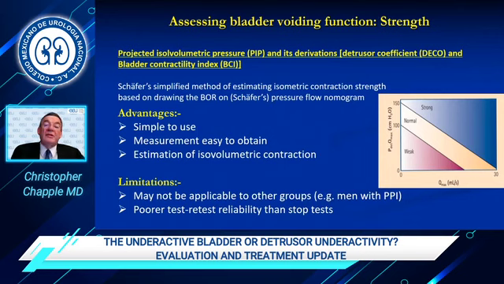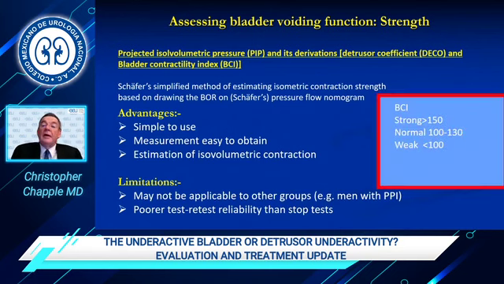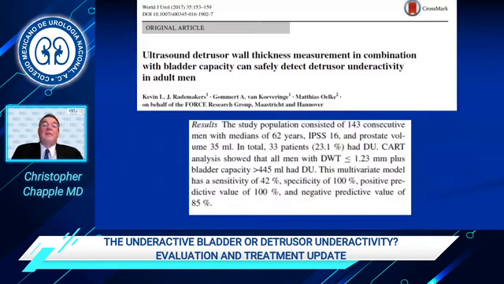It's a measurement which is easy to obtain during a stop test during urodynamics, but it has the limitations of not being applicable to other groups, e.g. men with post-prostatectomy incontinence, and it's got a poorer retest reliability than a stop test alone. But nevertheless, you can look at the bladder contractility index, which gives you these parameters, which help differentiate between a strong and a weak bladder.